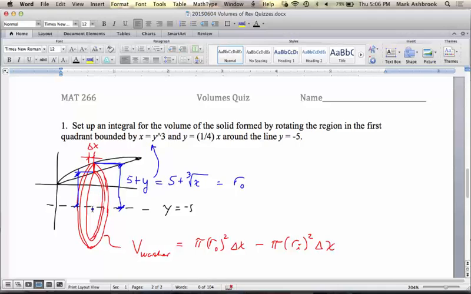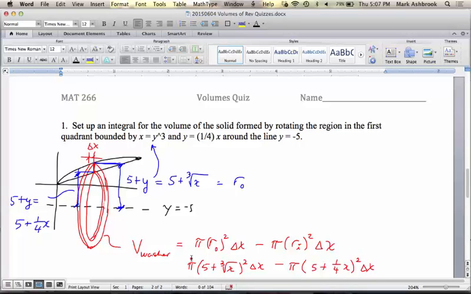So that's going to be 5 plus the y coordinate of the line, which is what? 1/4 x. So we're going to have pi times outer radius, 5 plus cube root of x, squared delta x, minus pi times inner radius, 5 plus 1/4 x, squared delta x.